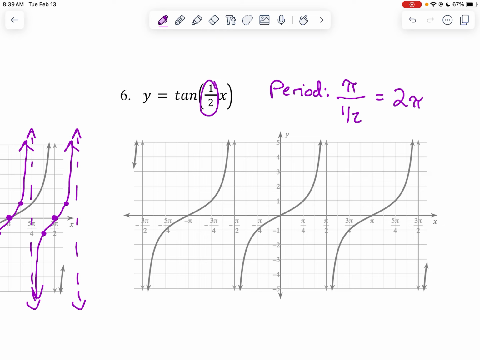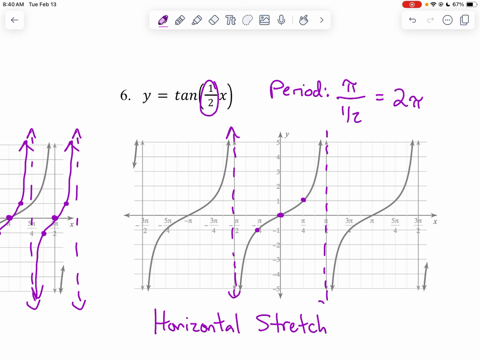So if I look at this here, this will essentially come out to a horizontal stretch, because it's going to take longer for it to complete. So I'm going to start again at dead center. And I've got my couple of key points here that I'm going to put on the graph. And we have our asymptotes here. Again, this is all the original graph.